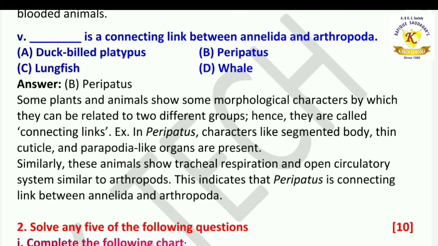Similarly, these animals show tracheal respiration and an open circulatory system similar to arthropods. This indicates that peripatus is a connecting link between Annelida and Arthropoda. Okay?